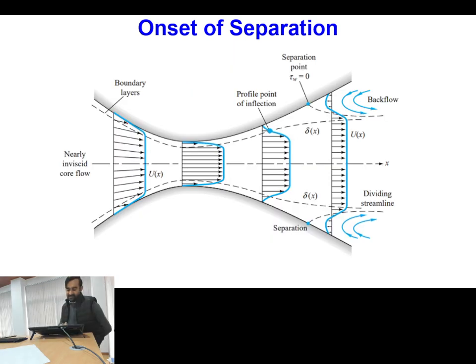So typically, if you have a converging-diverging section, what happens? Velocity is increasing first, and after this velocity is decreasing.